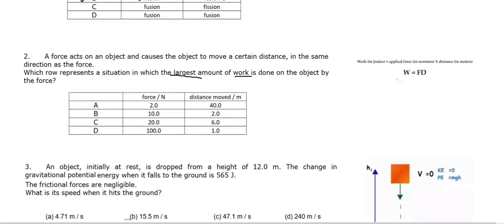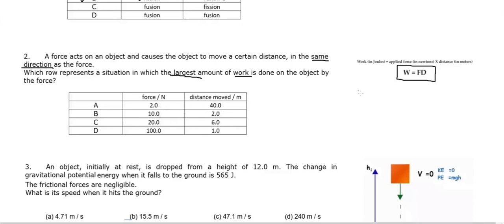We know work is nothing but force multiplied by the distance in the direction of the force. It is already given that the distance is in the same direction as the force. So we just need to multiply, and by multiplication we can see which is the highest.